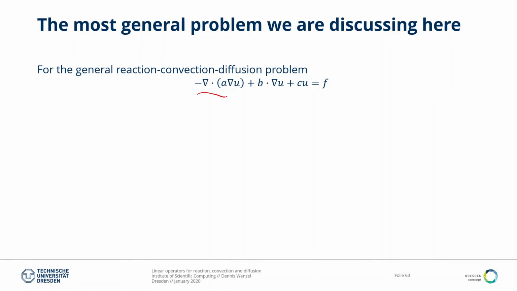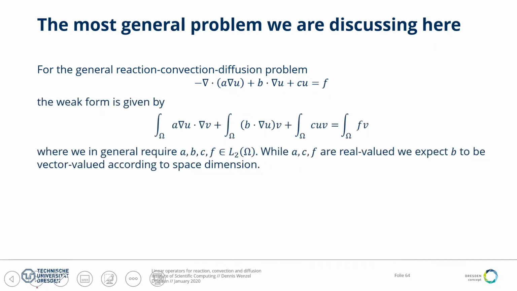So you have your diffusion, you have your convection, you have your reaction, and your external force f. The weak form of all of this can be computed just like I've said before. a, c, and f should be L2 functions. That's the minimum requirement for this to be well defined. And b should also be an L2 function, but it should be vector valued because it reflects the flow field that's underlying.